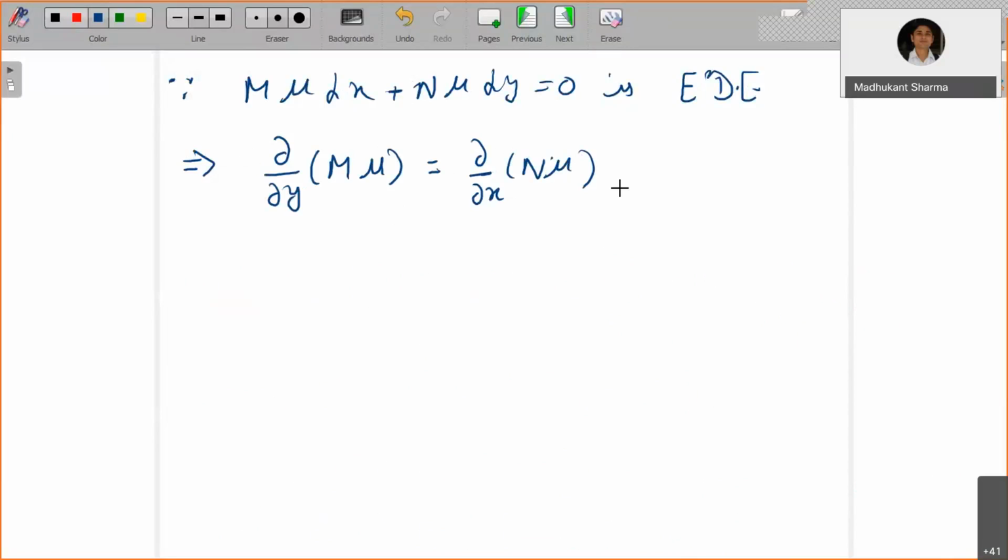I'm just applying the condition. You now have a modified M and a modified N, because after multiplying you get a new dx coefficient and dy coefficient. M, N and mu are all functions of x and y, and we differentiate partially with respect to y.